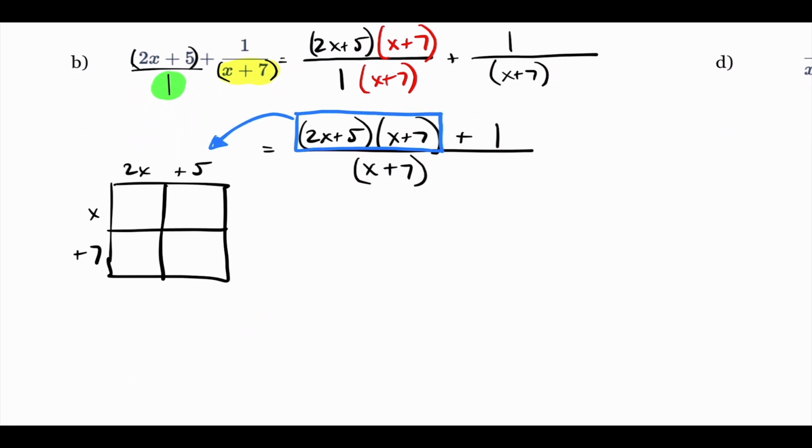So when I do that, I multiply. And then I combine like terms, right? When we do the multiplication box, we combine like terms. So we combine 5x and 14x.